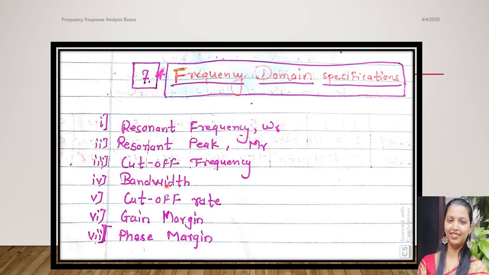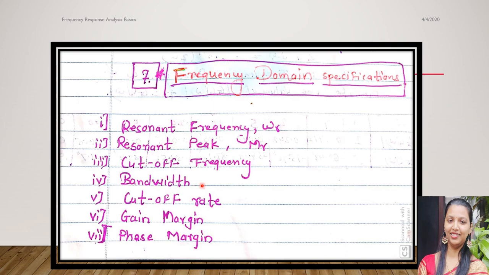The next is the bandwidth. In a feedback control system, the range of frequency over which the magnitude M is greater than or equal to Mr/√2 is defined as the bandwidth ωb.